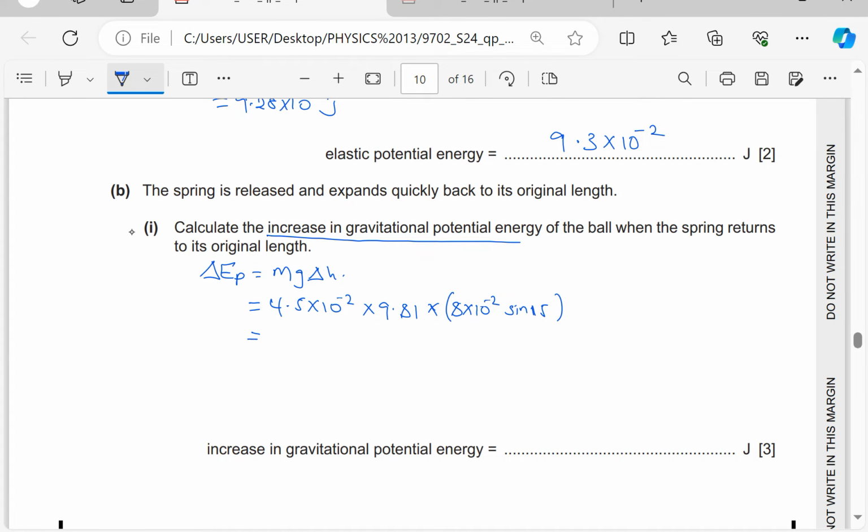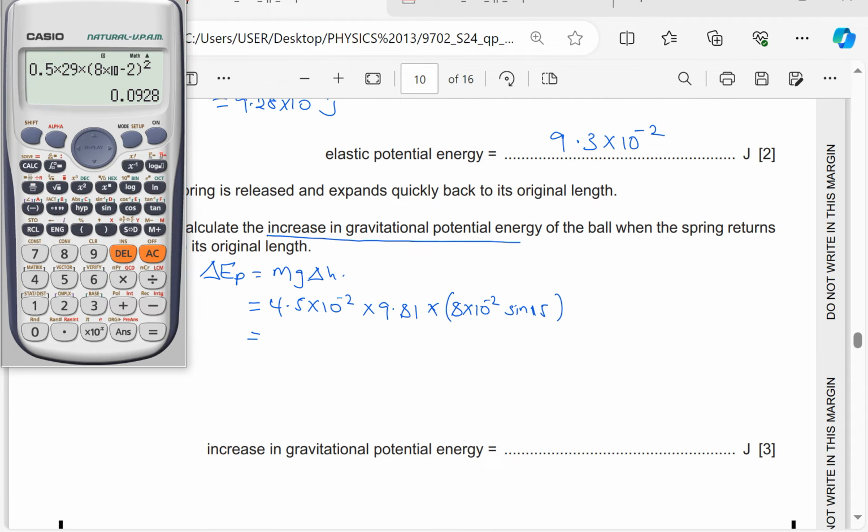So I'll just press my calculator. From my calculator, I have 4.5 exponent minus 2 times 9.81 times 8 exponent negative 2 sine of 15.